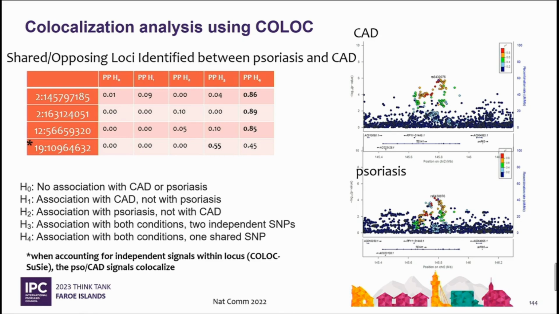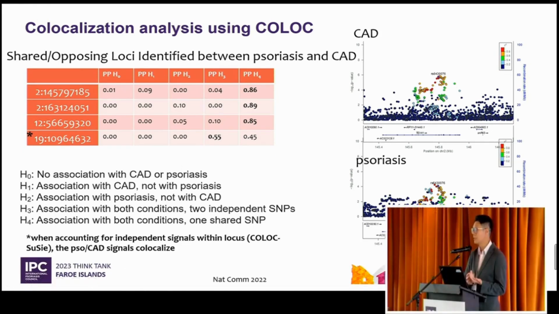We test multiple different hypotheses, and for each of those we compute a posterior probability to see whether these signals are co-localized or not. Among the 4, 3 of them have over 85% posterior probability, showing that they are indeed the same signal. The last one has a lower probability.